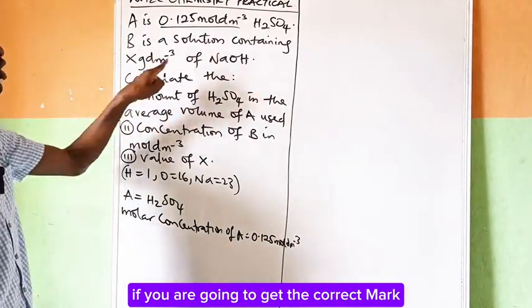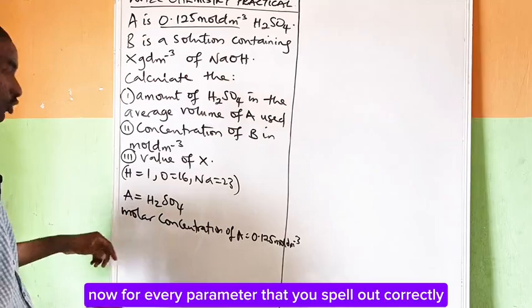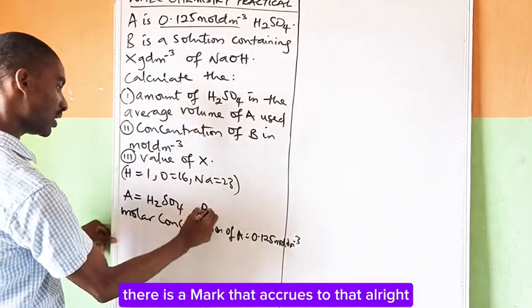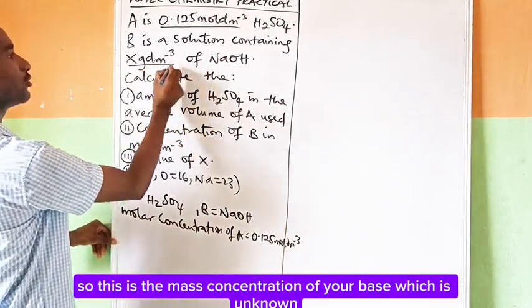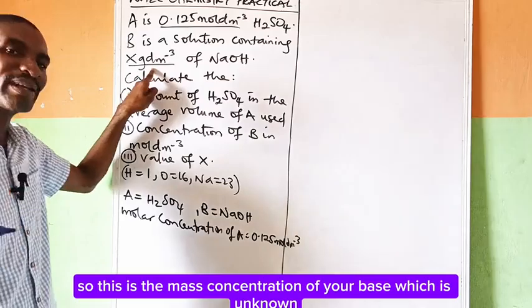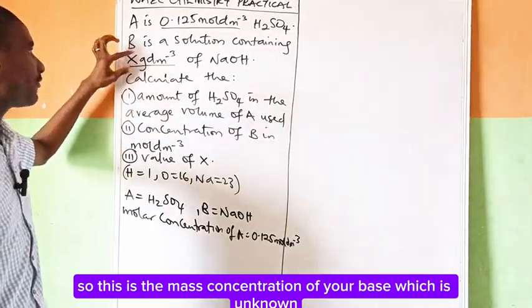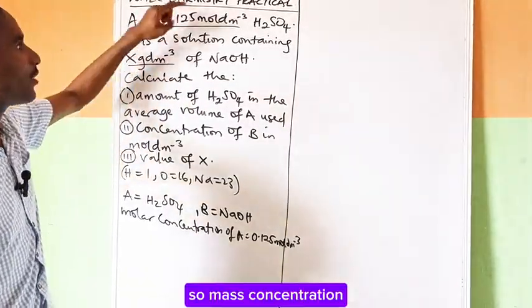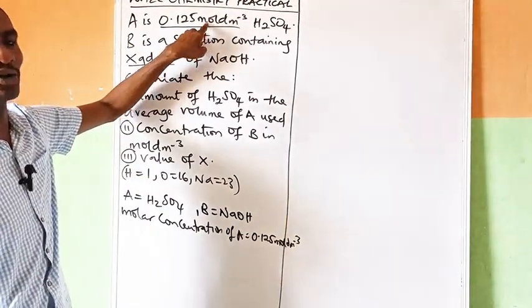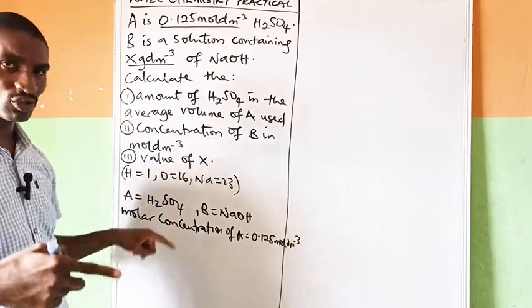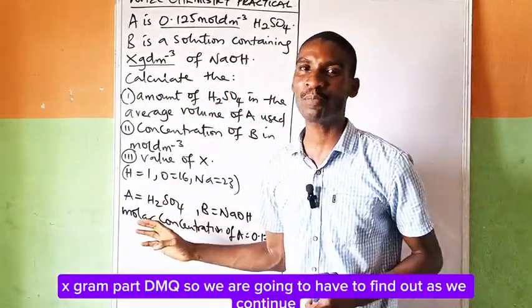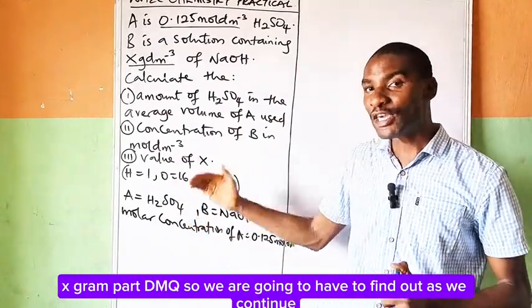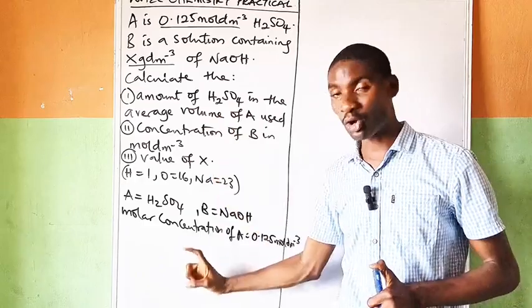B is a solution containing X gram per dm cube of sodium hydroxide. So our B is sodium hydroxide. But this value, gram per dm cube, talks about the mass concentration. Wherever you see grams, mass. Wherever you see mole, molar concentration. Listen to me. You must be able to spell out your parameters correctly if you are going to get the correct mark.